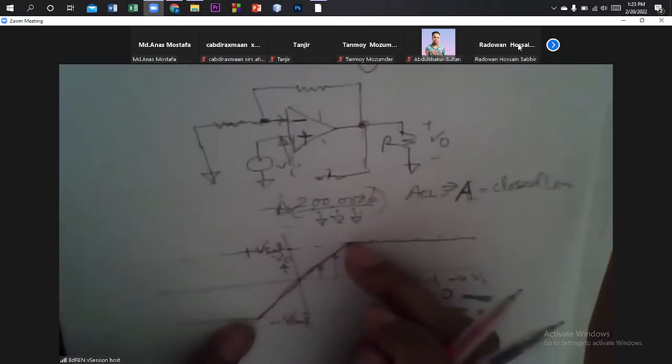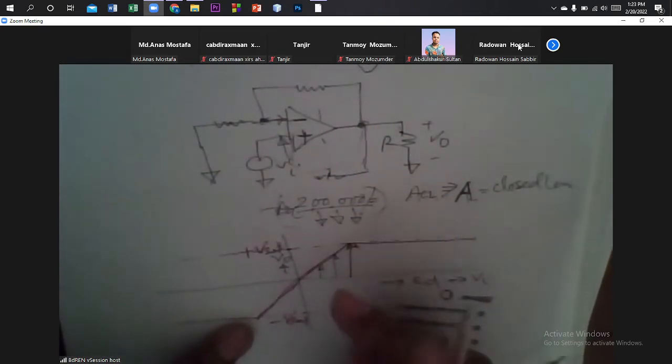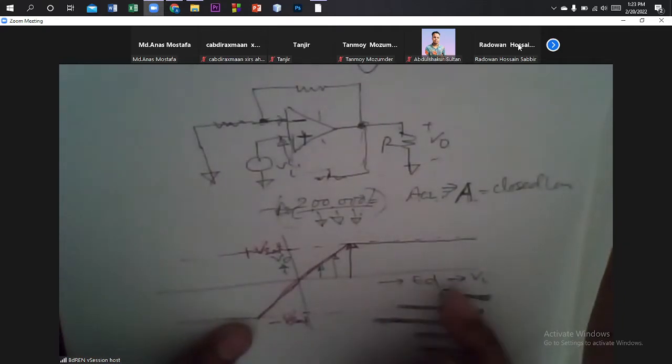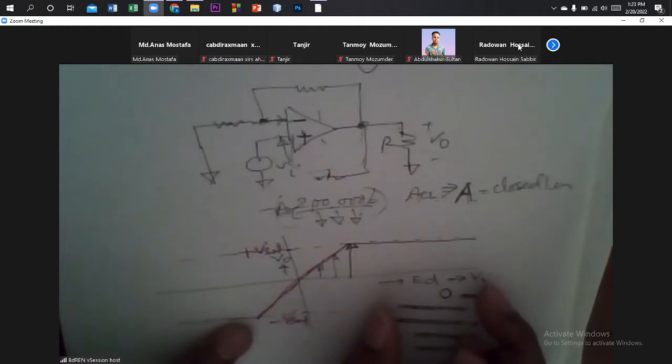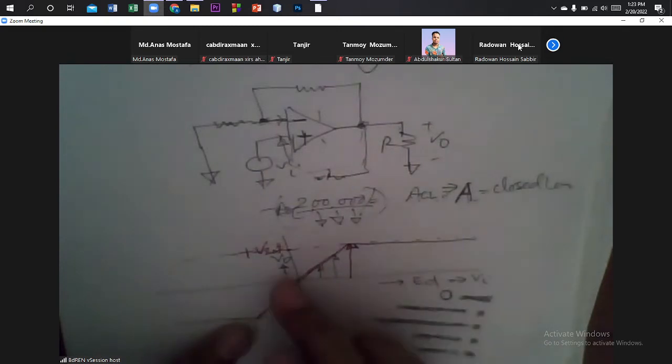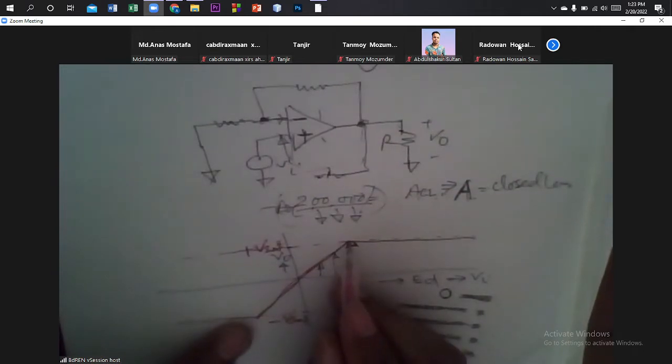Because the gain is much lower. Input multiplied by gain is the output, and the output is less than V set, up to this point.